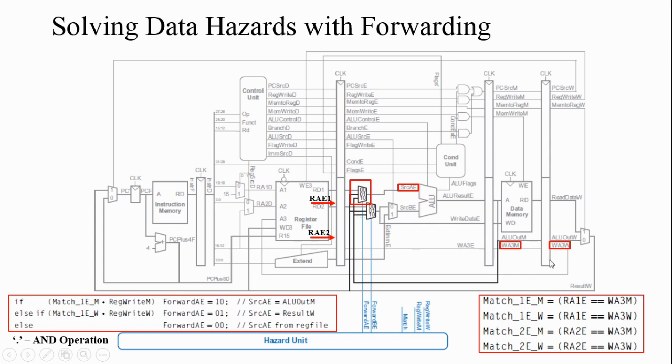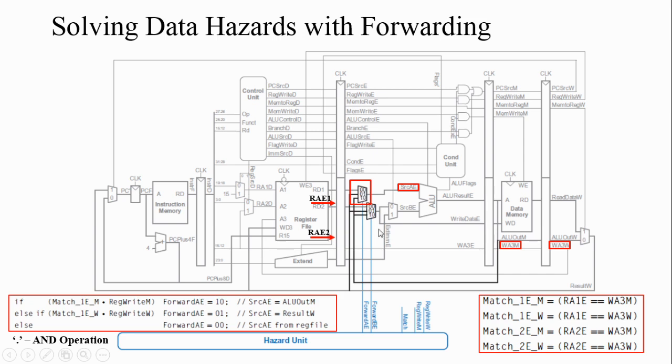The third input that is coming from the memory, that data will be given to the ALU, right? If it is 01, then the second input, the output coming from the write back stage, will be given to source B. So this selection of the multiplexer input is done by using these two signals, forward A and forward B.